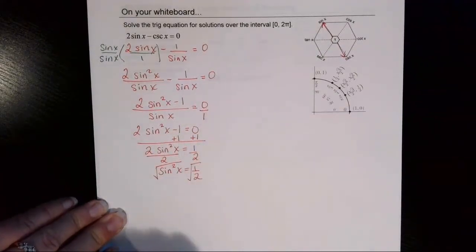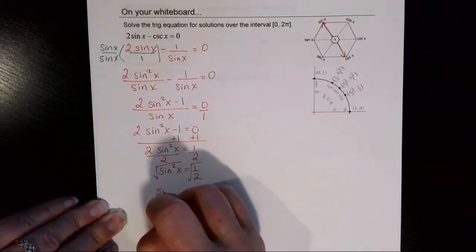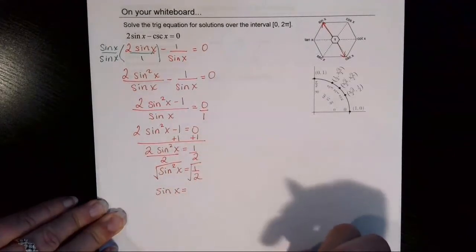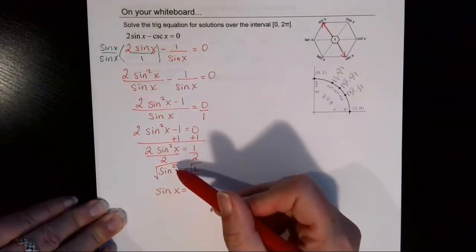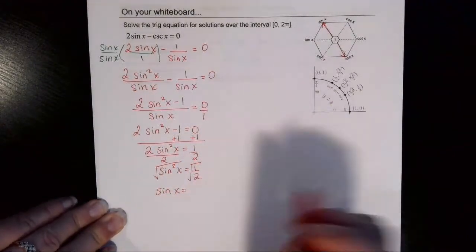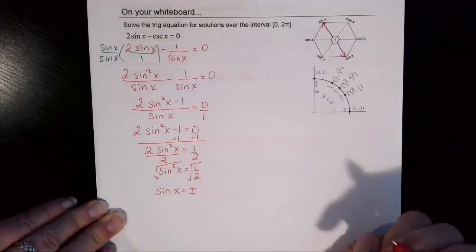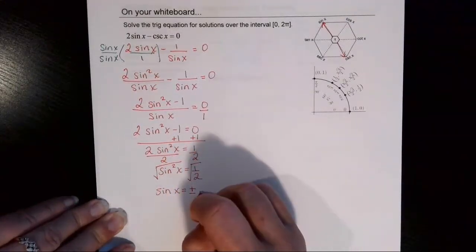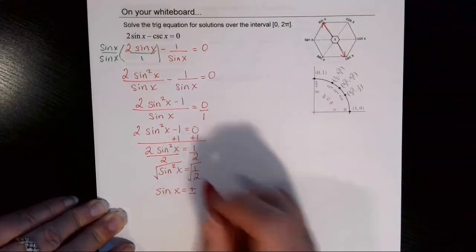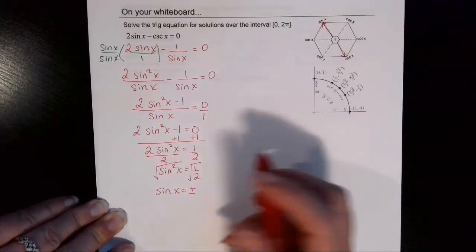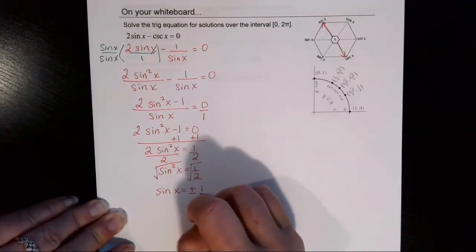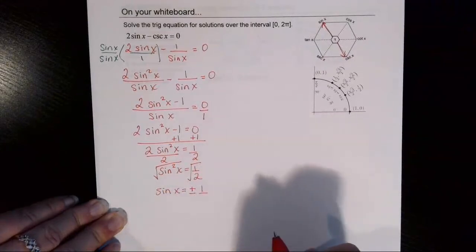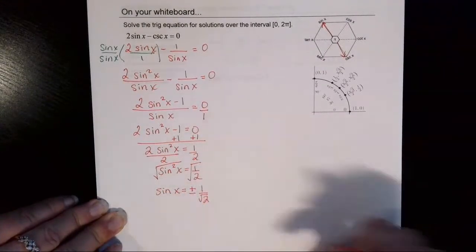So we're going to square root both sides, and then we'll have sine of x is equal to, and remember, whenever you square root a squared function, you have two answers, a positive and a negative. So we have a plus or minus square root of 1/2, which is the square root of the numerator, square root of 1 is 1, and the square root of the denominator is the square root of 2.